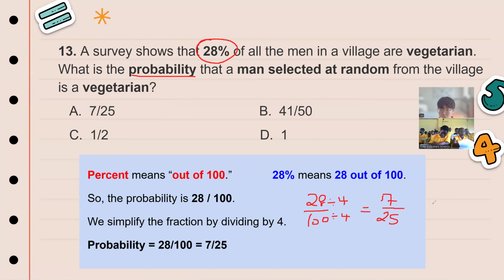That's why the answer is A. So for this question, all you have to do is know that probability means 28 out of 100 because of this 28%. And then we simplify the fraction, and then we get the answer.